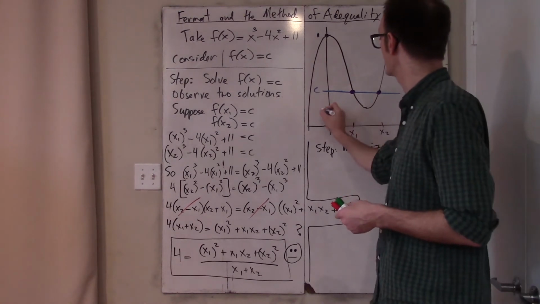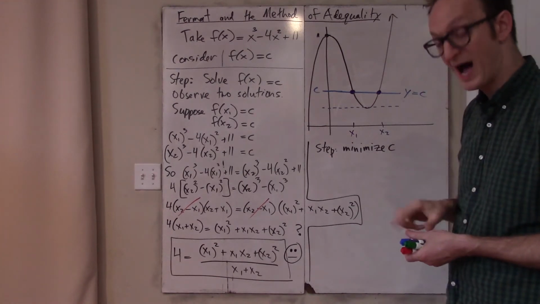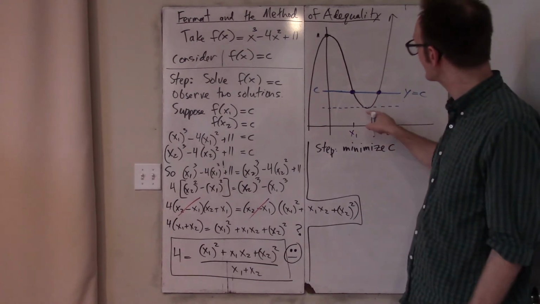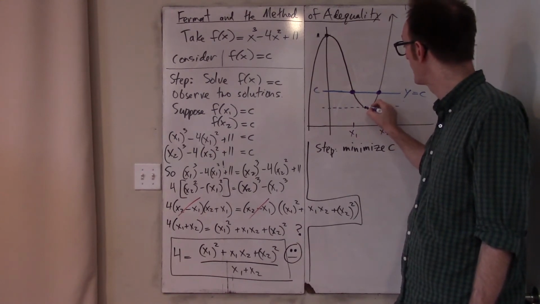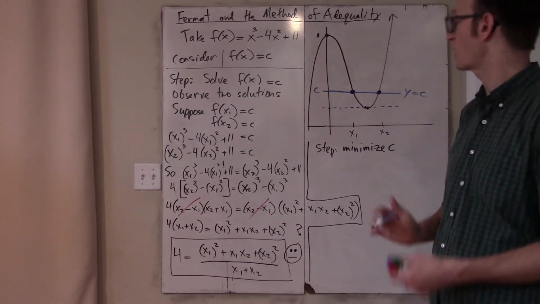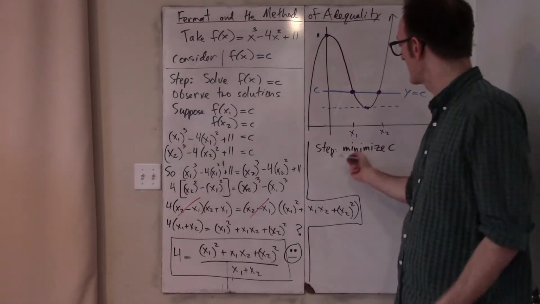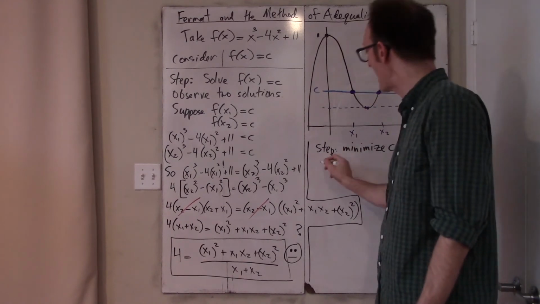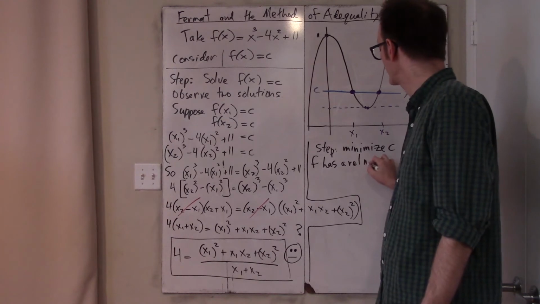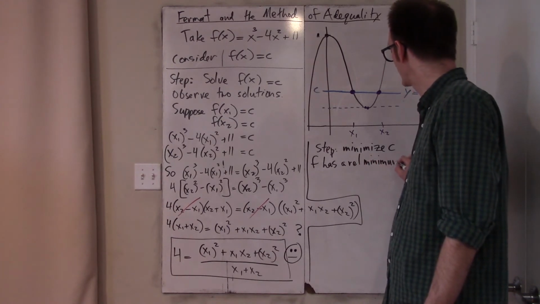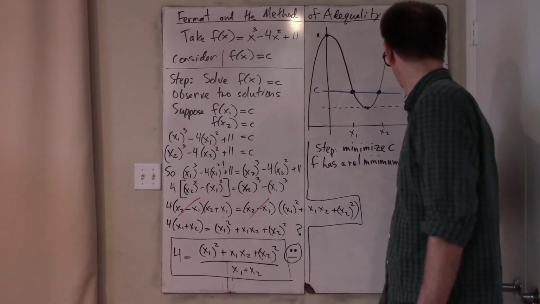So once again, I'll draw a dotted blue line in here to indicate the fact, which is obvious to everybody, that this c will be as small as possible when these two roots x1 and x2 are just on top of each other. And so the claim by obviousness is that f has a relative minimum when x1 equals x2.